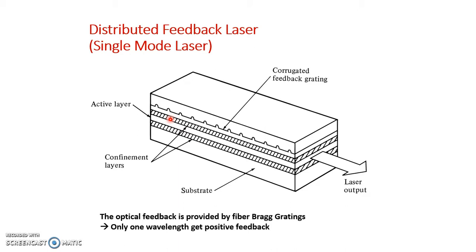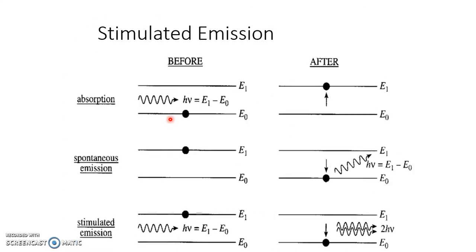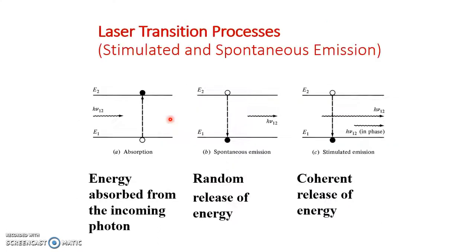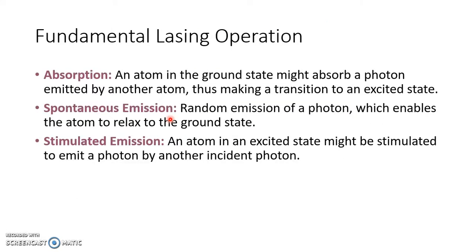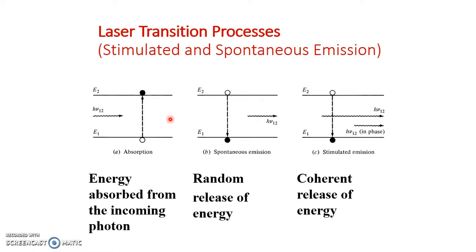So if we have to summarize the contents, what we have seen is the basic principle of laser operation, which is absorption, spontaneous emission, stimulated emission. And for stimulated emission to happen, the important condition is that there should be population inversion. Only when population inversion is attained can you have stimulated emission happening.